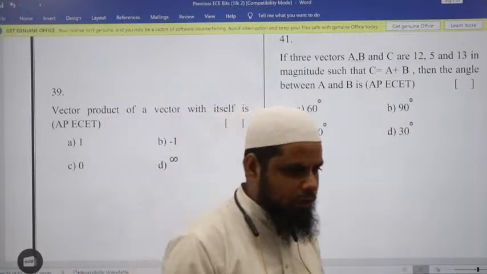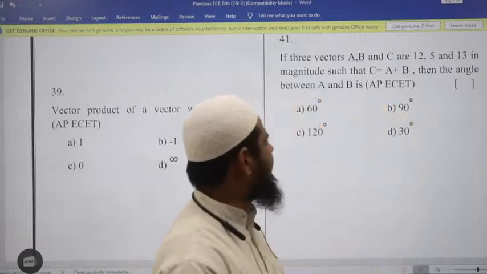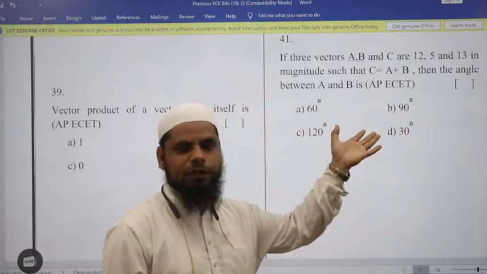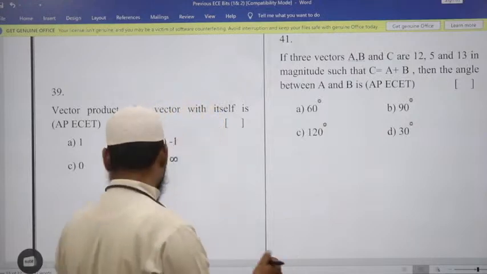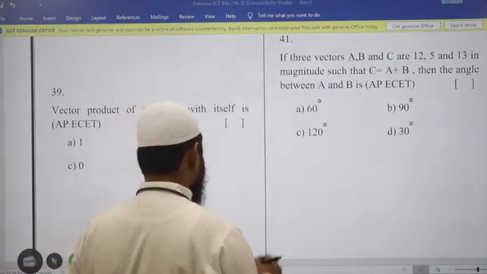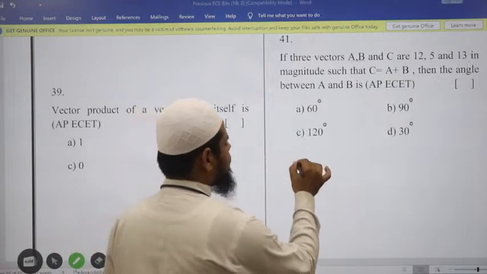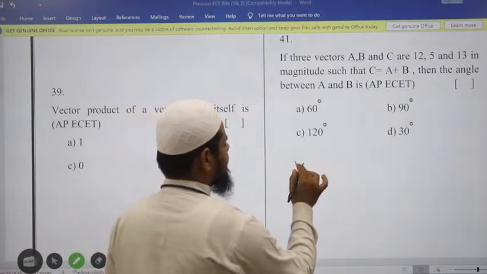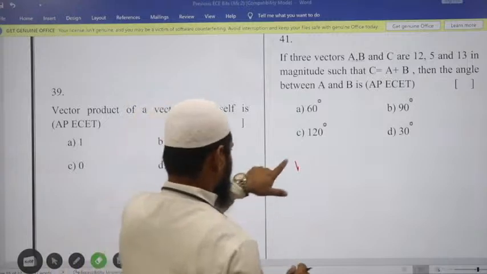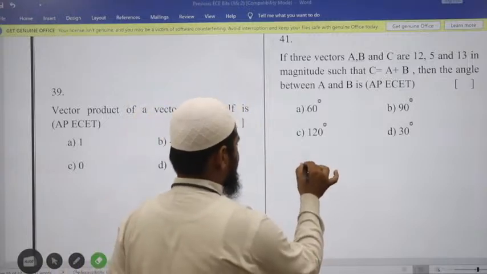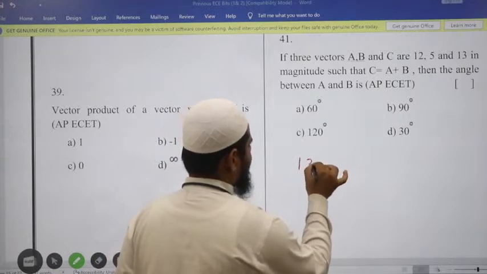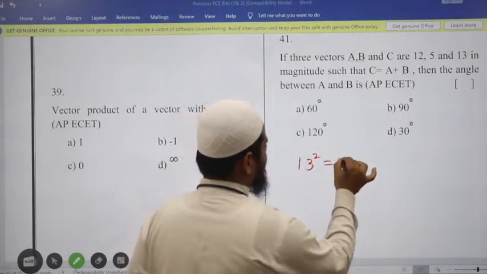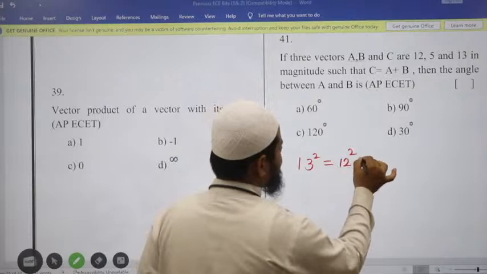Not 40, 41 I am asking, 41. Rectangular components I am telling you. Because they are rectangular components, you can find out easily. 13 square is nothing but 12 square plus 5 square.